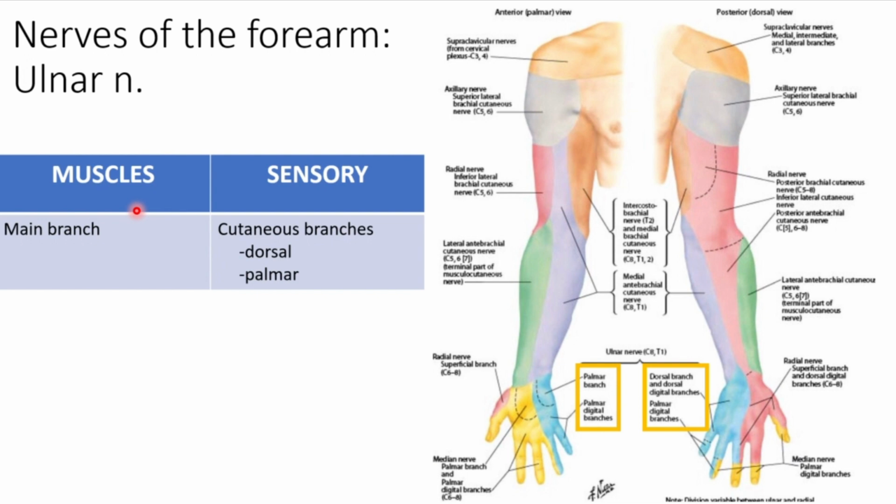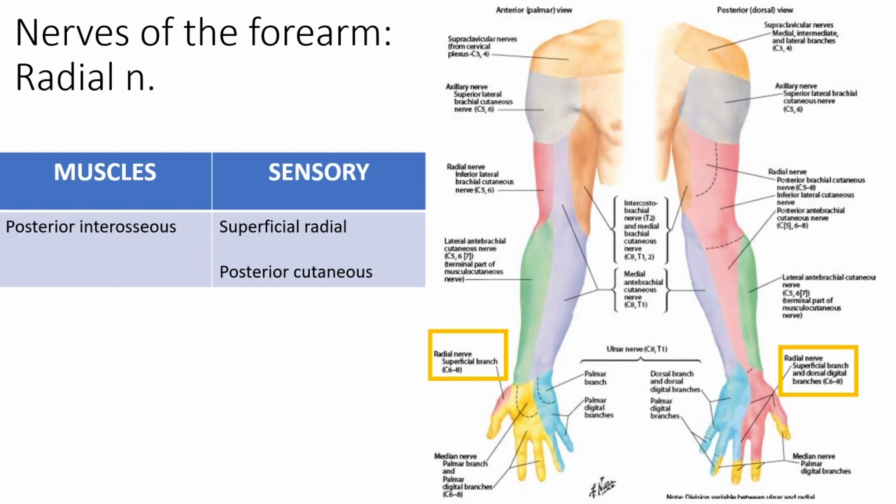Proximal to the wrist, the ulnar nerve gives rise to 2 cutaneous branches, a dorsal branch and a palmar branch. The superficial radial nerve provides cutaneous innervation to the dorsum of the hand, and the posterior cutaneous nerve of the forearm arises from the radial nerve in the arm and supplies the skin to the posterior forearm.